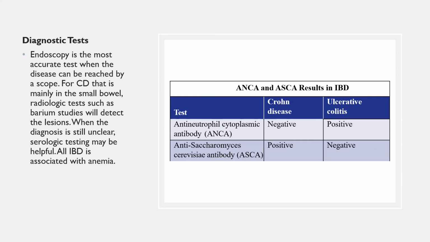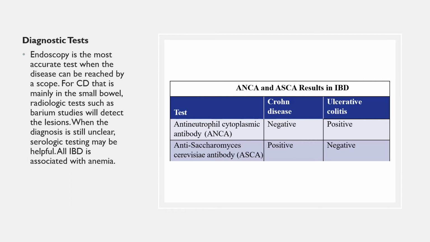This slide discusses the diagnostic tests for these clinical problems. Here the slide states that endoscopy is the most accurate test when the disease can be reached by a scope.